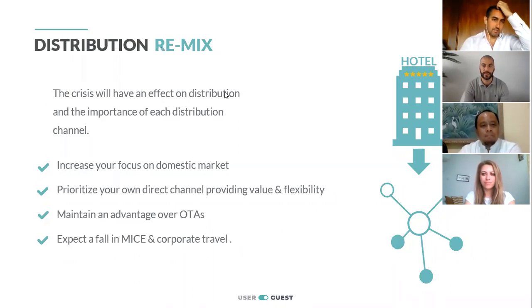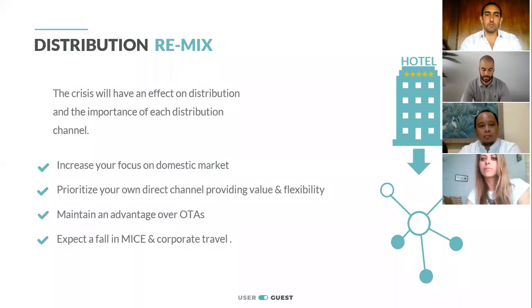That was very relevant. We actually have a question asking whether hotels should then cut their marketing budget for foreign countries. Do they have to only focus on domestic and cut all the rest? Being present online is very critical.